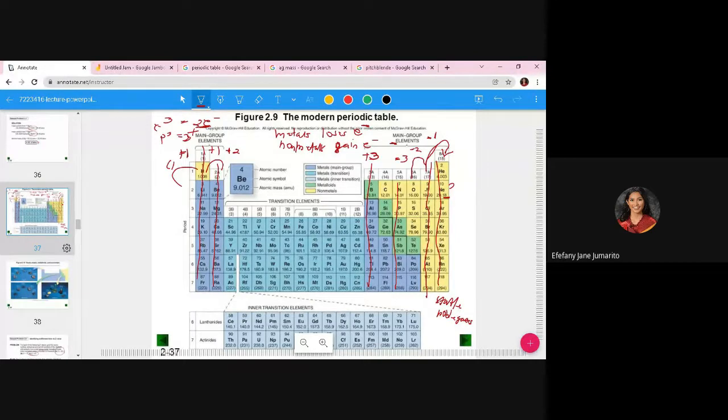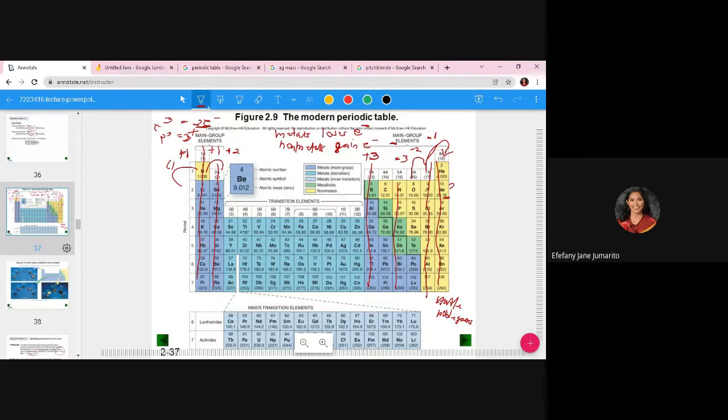So first group, positive 1, group 2, positive 2, group 3, positive 3, group 7, negative 1, then negative 2, and then negative 3. So metals lose electrons. When they lose electrons, mas dominant ang positive charges, so mahimo siyang positive.